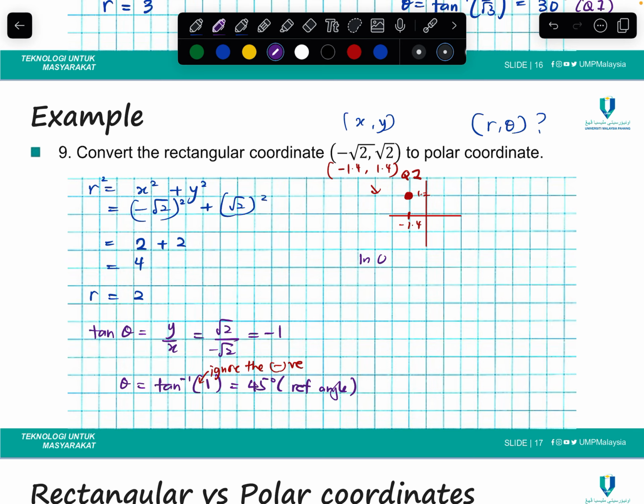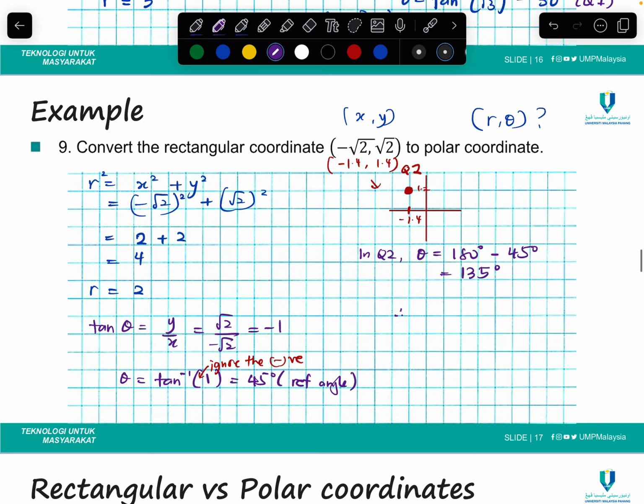So to find theta in quadrant 2, it should be calculated as 180 minus the reference angle. Your theta is 135 degrees. So to conclude, the polar coordinates are (r, theta), where r is 2 and theta is 135 degrees. So this is the final answer.